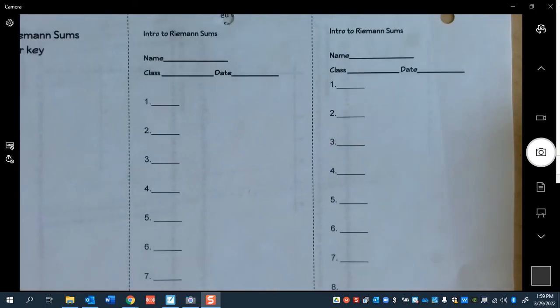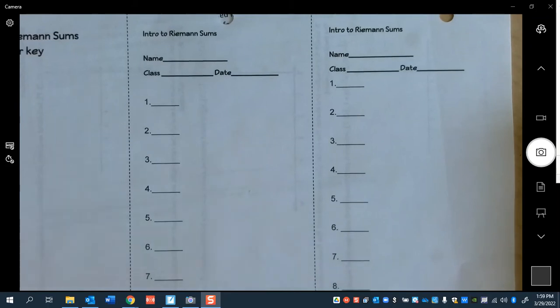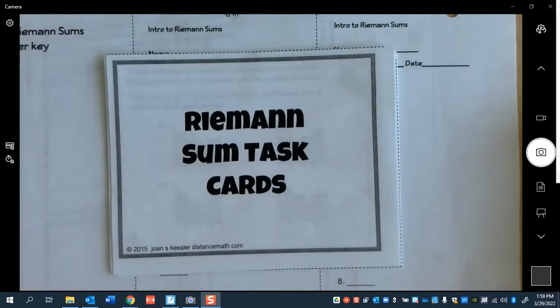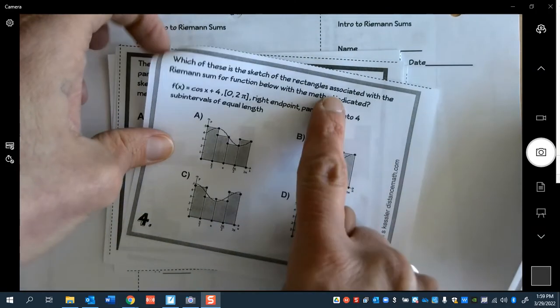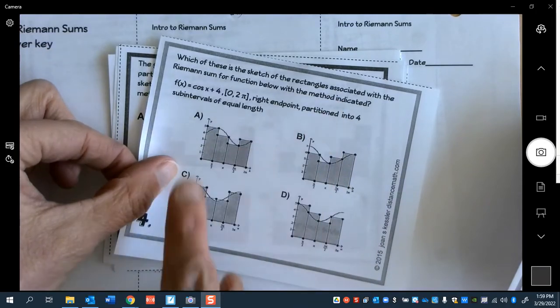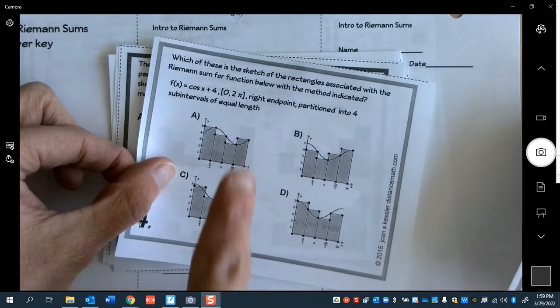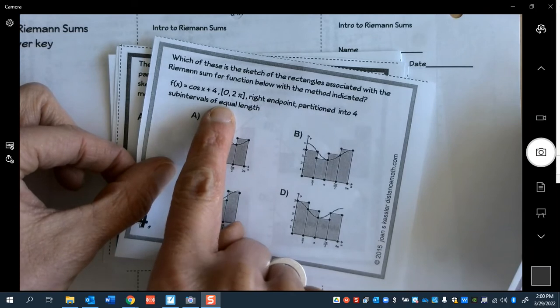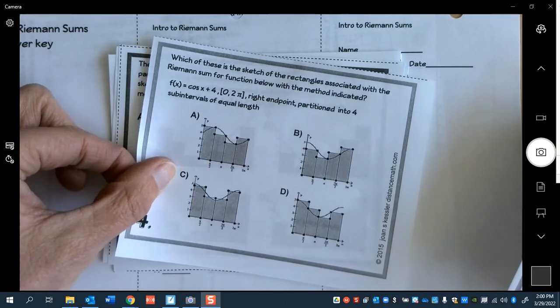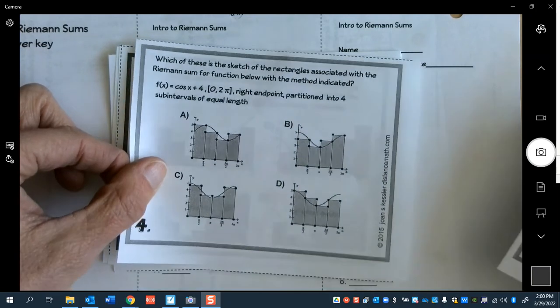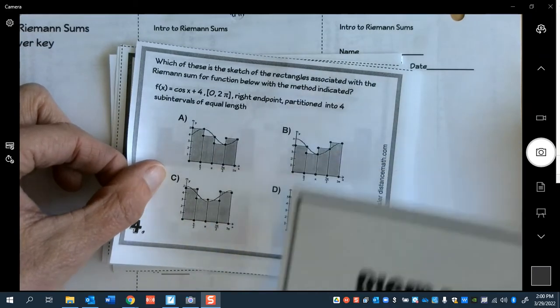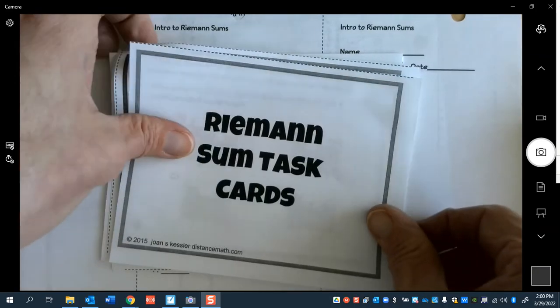And I'm giving you each a set of task cards, the Riemann sum task cards, and they're all out of order, and I don't care what order you do them in, but it asks you a question, and then it asks you to choose A, B, or C, depending on this graph. So if you want to take out your calculator and graph it, if you want to have that link, it's on Schoology, or if you think you can converse and decide, then that's up to you.